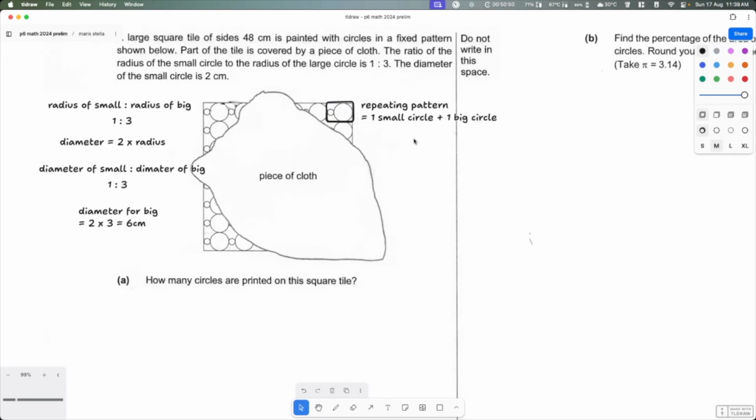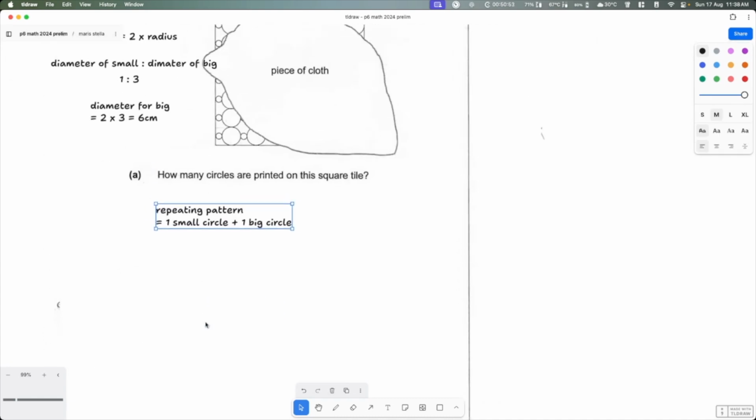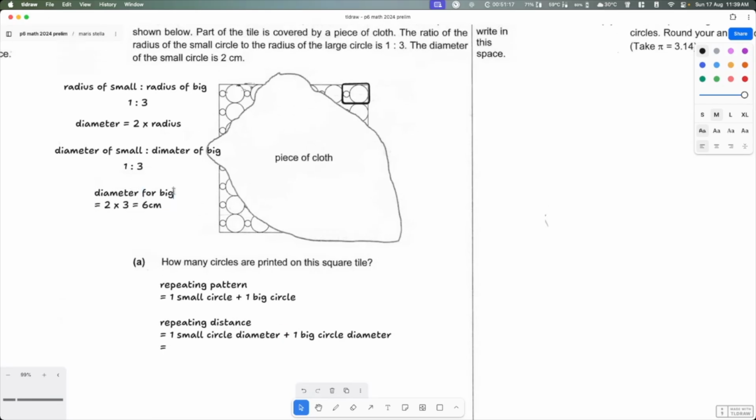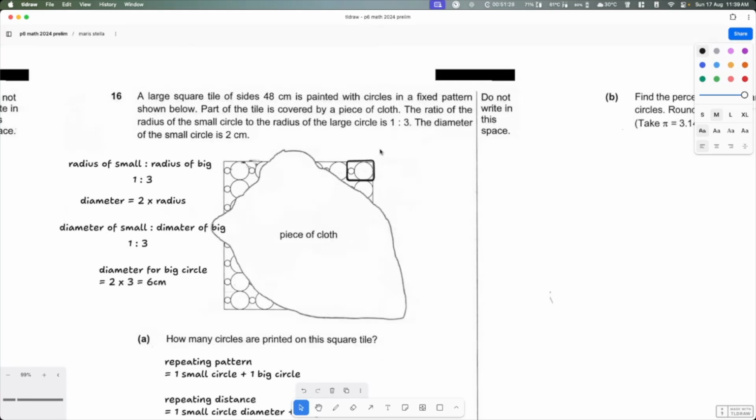That means the repeating distance is one small circle diameter plus one big circle diameter. So the small diameter is 2 plus 6, and this will become 8 centimeters. That's the repeating distance.